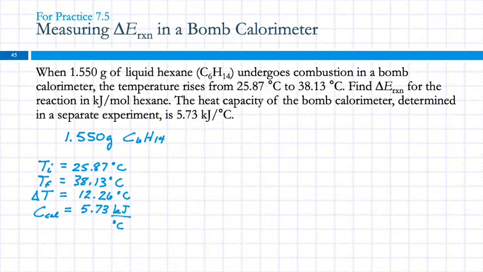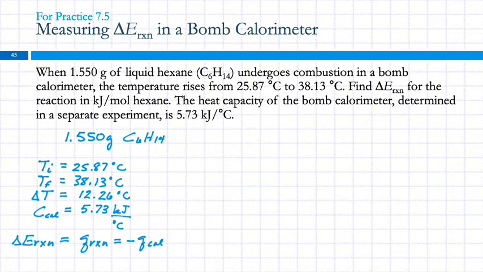So we want to find delta E for this reaction. In the bomb calorimeter, the volume cannot change, and so the change in internal energy for the reaction is equal to Q for the reaction, which is equal to negative Q for the calorimeter. Because the reaction is losing its heat to the calorimeter.